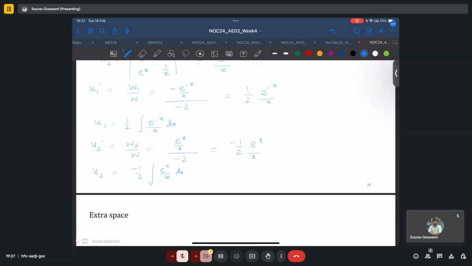Now, one would easily notice that these integrals are not very easy to evaluate. In fact, these are non-elementary integrals.